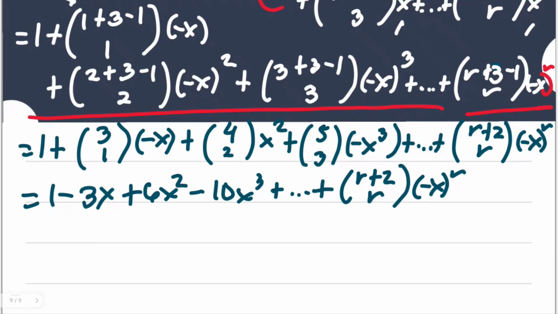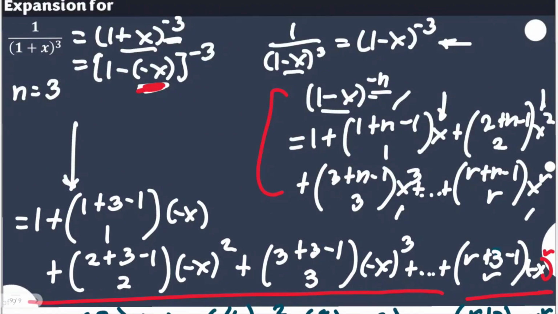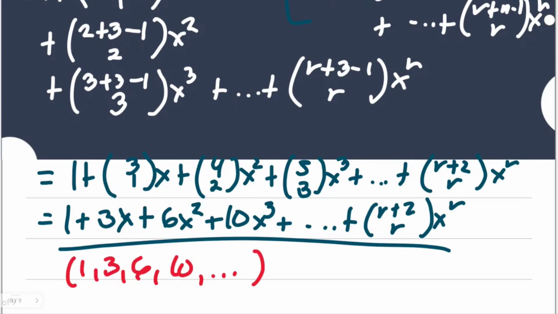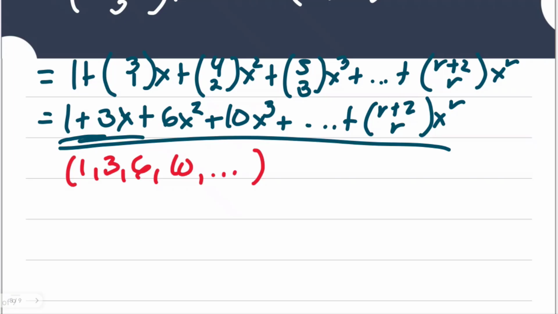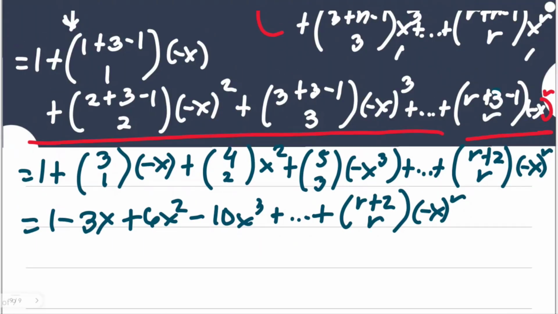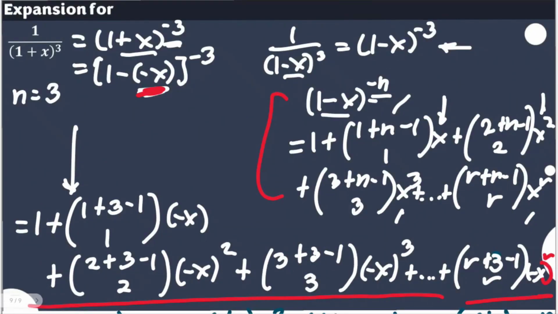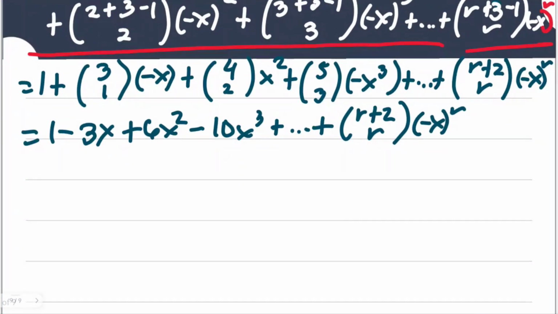Now this is the difference from the previous video. I have here my note. If we look at the previous video, notice 1 plus 3x plus 6x plus 10, and the sequence there is all positive. But for this video, since we already acknowledged the presence of a negative x here, notice what happened to the sign.